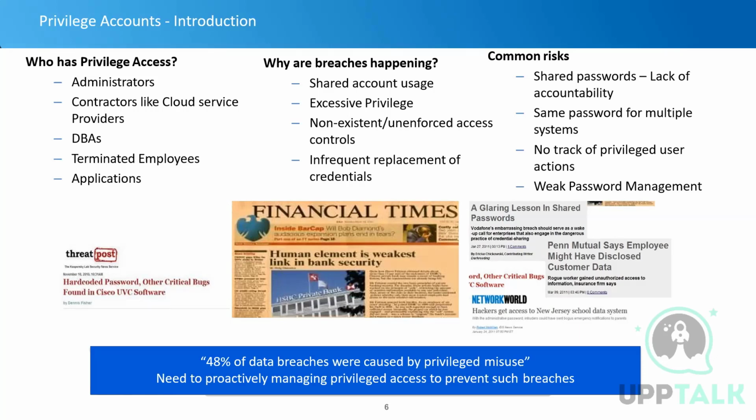They lose trust with their competitors, and they may lose the business completely as well. So you can imagine how critical it is to secure privileged accounts. 48% of data breaches were caused by privilege misuse. So half of the attacks are due to this reason itself.